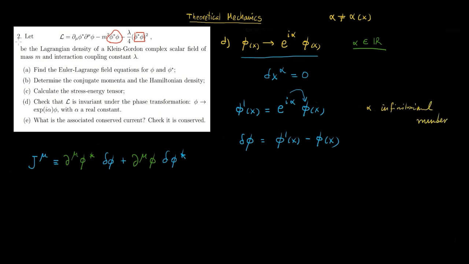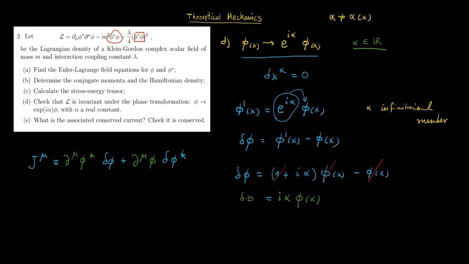So if this is the case, then we have the first term of the Taylor expansion, namely 1 plus i alpha times phi of x minus phi of x, and this 1 and this field minus this field cancel out, so the remaining term is i alpha phi of x.